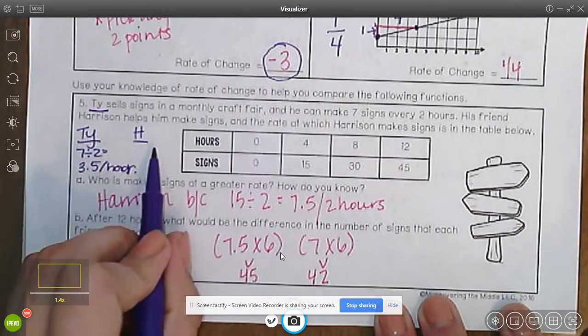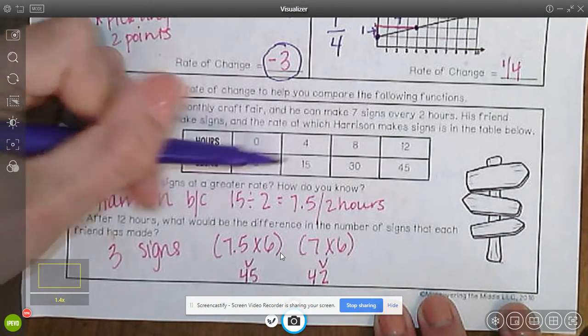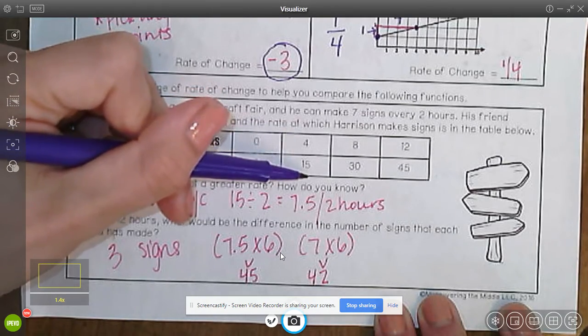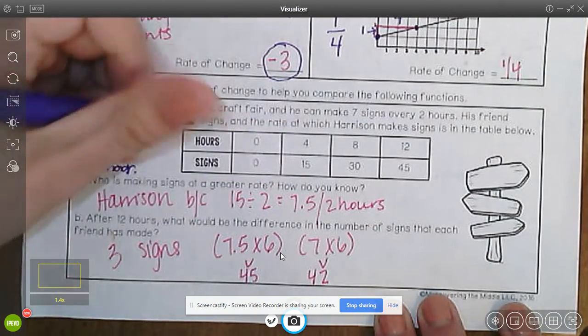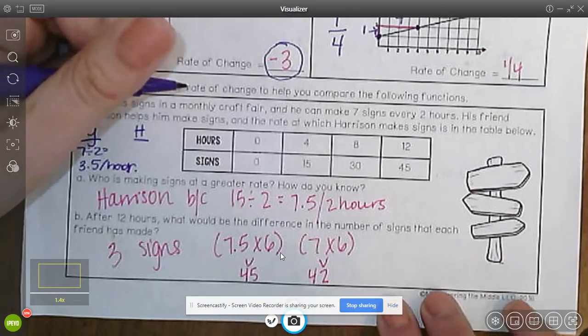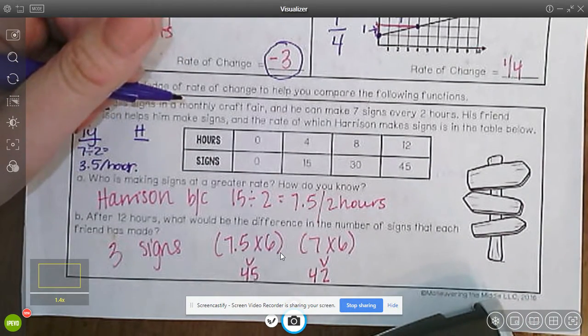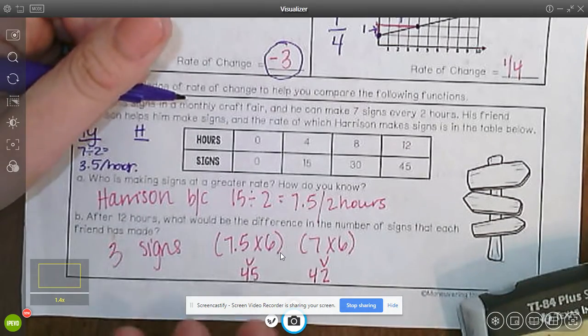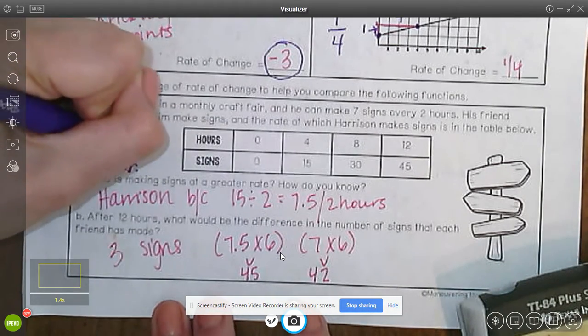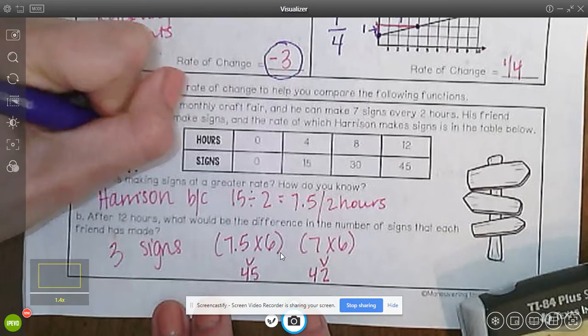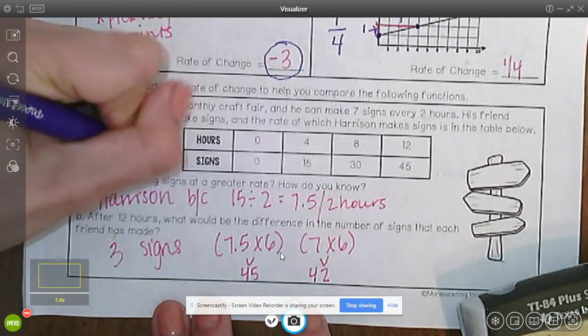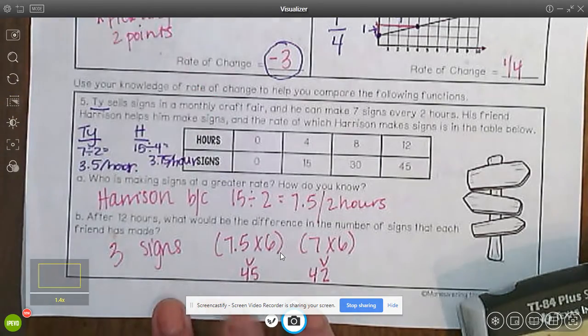Okay, now Harrison, after 0 hours, he makes 0 signs. After 4 hours, he makes 15 signs. So, 15 divided by 4 is 3.75 signs per hour.